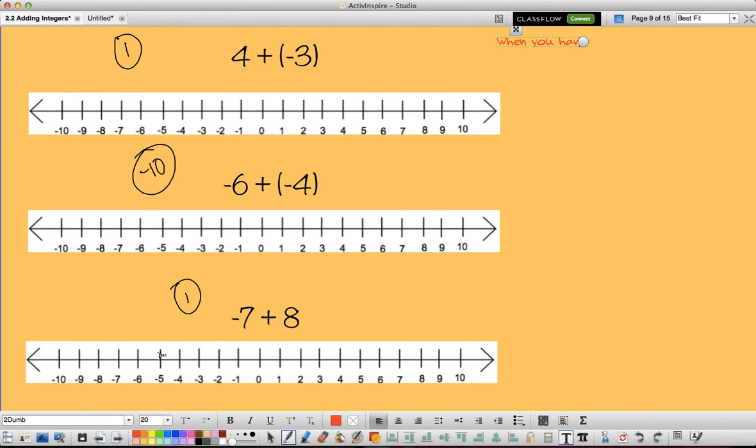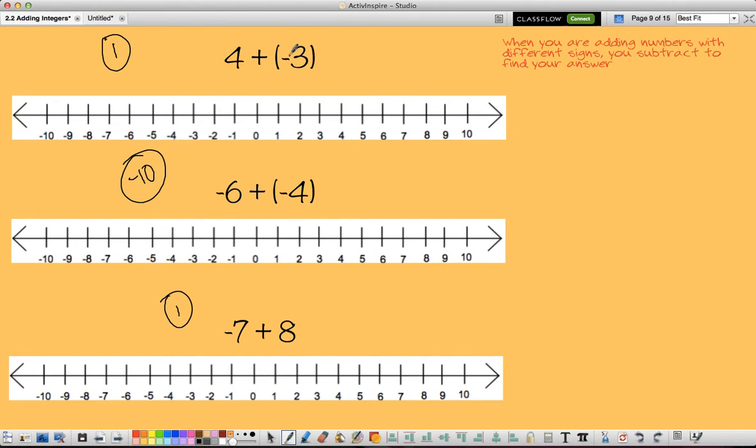So when you have numbers with different signs, you subtract to find your answer. So I shouldn't say when you are adding numbers with different signs, you subtract to get your answer. So here, I'm going to ignore the signs, and I'm just going to do 4 minus 3. I'm just going to subtract the absolute values.